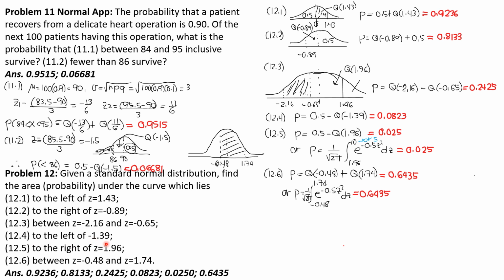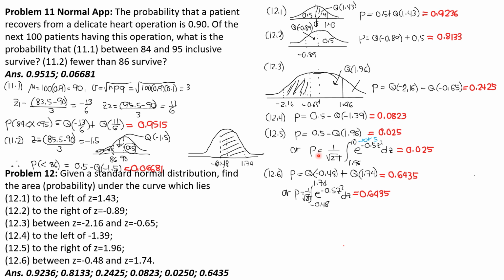So to the left of negative 1.39, somewhere here. It is represented by this area here. You just imagine this is shaded. And Q(-1.39) is this area up to the mean. Therefore, the area to the left of z equals negative 1.39 would be 0.5 minus Q(-1.39), that's 0.0823.